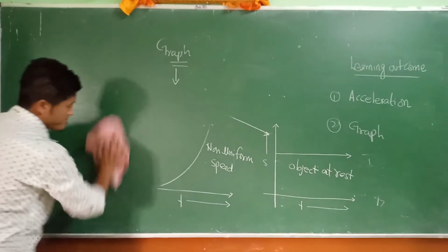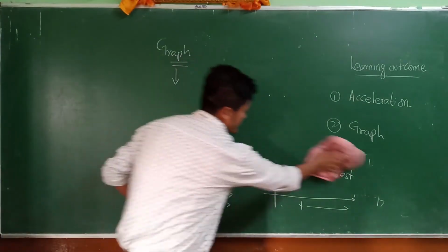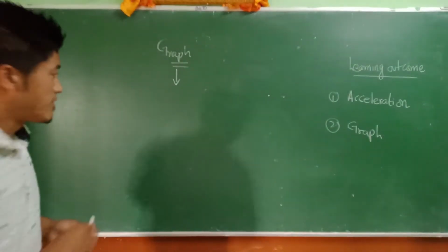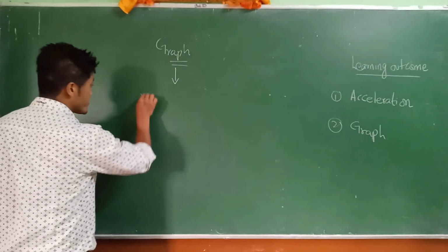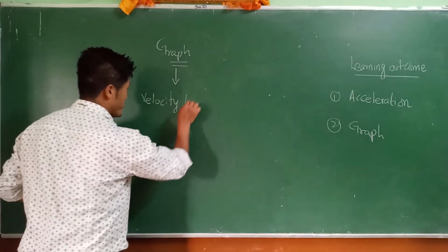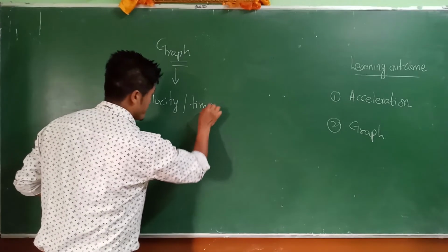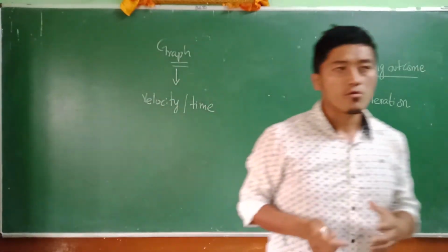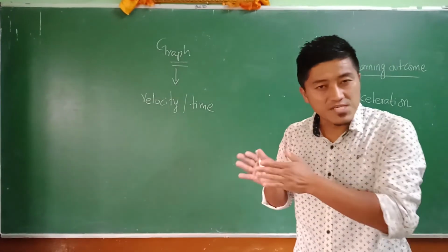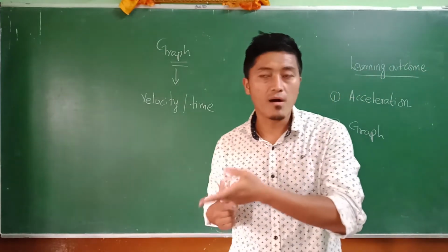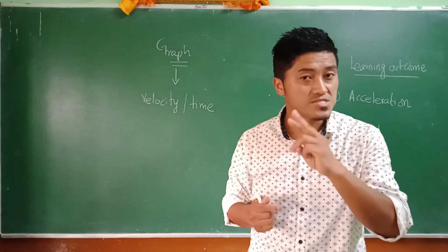The second part of the graph is the velocity-time graph. In the case of speed, we discuss distance and time. In the case of velocity, we talked about displacement versus time.